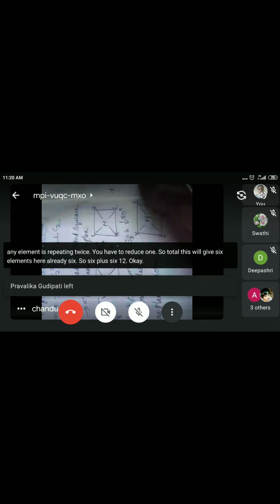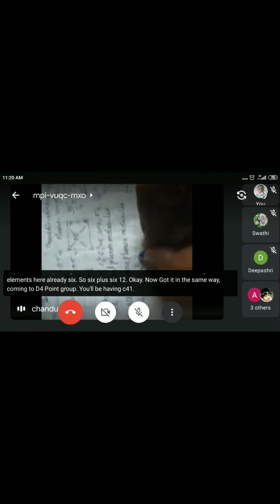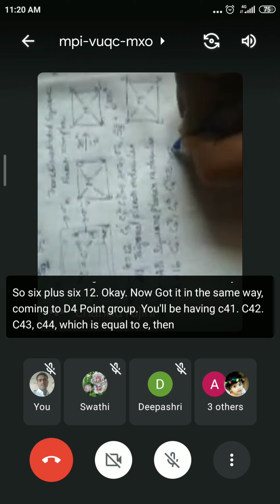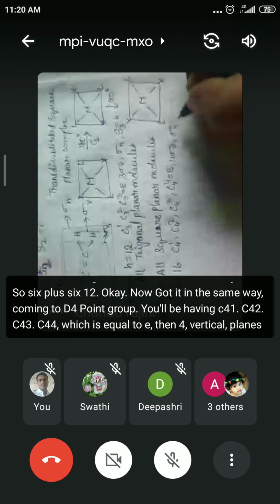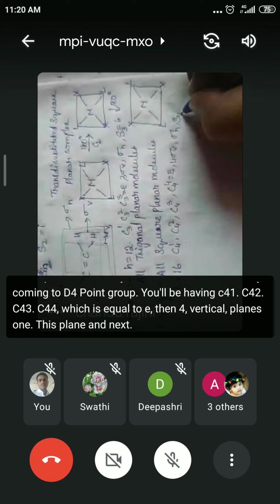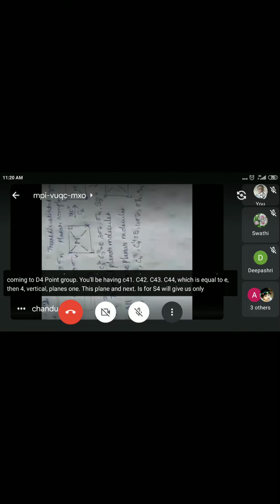Okay, got it? In the same way, coming to the D4 point group, you will be having C4^1, C4^2, C4^3, C4^4, which is equal to E, then 4 vertical planes, 1 horizontal plane, and next S4. S4 will give us only 4 elements.